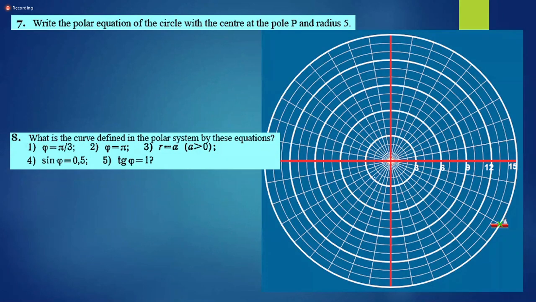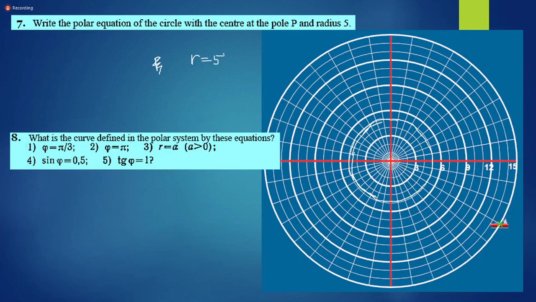All right, we can imagine what it looks like. We know that it would be this circle. So what does this mean? It simply means the equation would be, for all angles, the radius, the distance, must be 5.